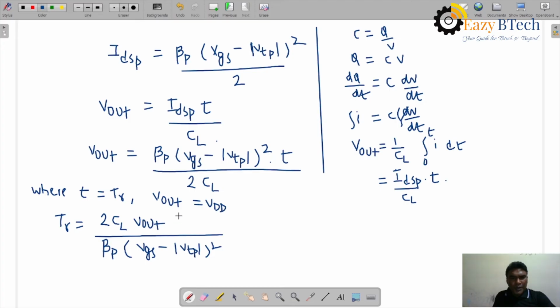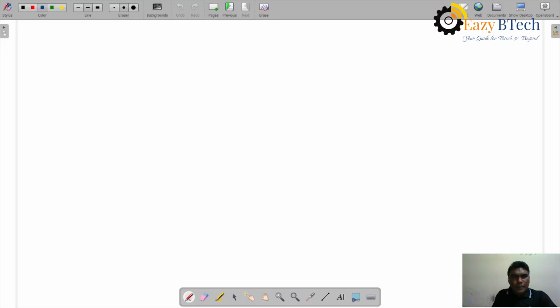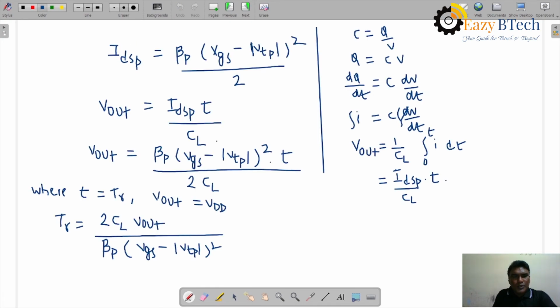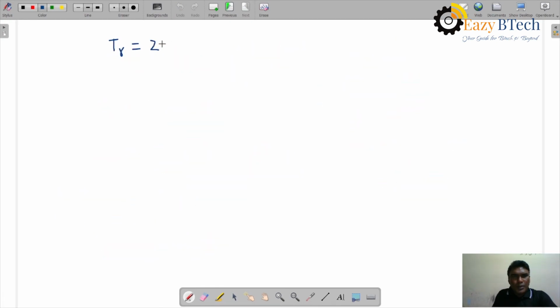V out is equal to VDD, and VGS also you can substitute as VDD. So TR is equal to 2 into CL into V out equal to VDD, divided by beta P into VGS, which is nothing but VDD flowing through when it is on, so VDD minus VTP, which is 0.2 VDD, whole square.